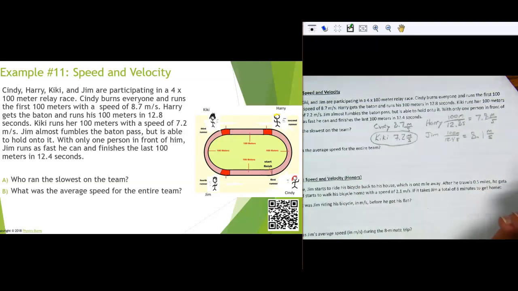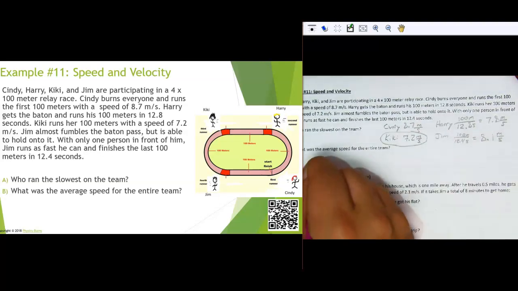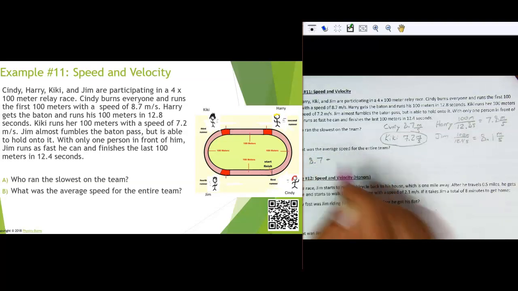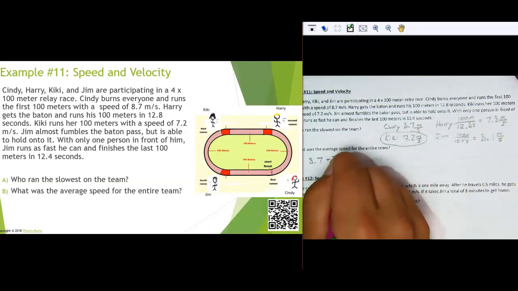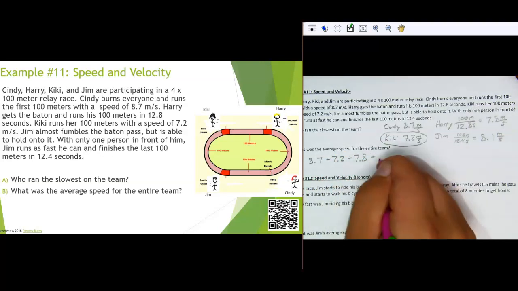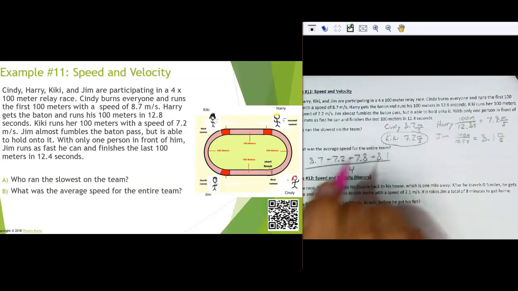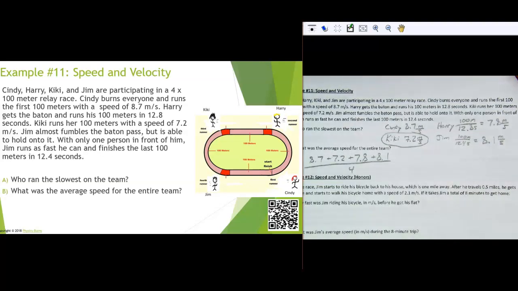Next question says, what is the average for the entire team? Well, you have 8.7 plus 7.2 plus 7.8 plus 8.1, all divided by 4. I'll plug this in the calculator.